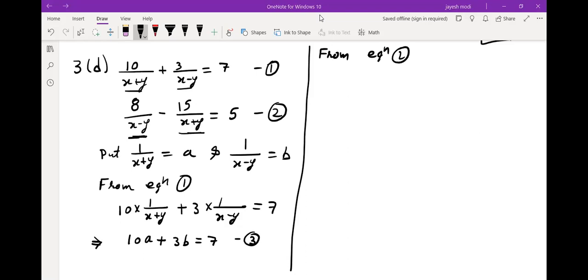Prakhar. Shivani. Anushka Tiwari. Yes, sir. From equation 2, what will we get? Were you not in class? So I was there. So why are you not replying?